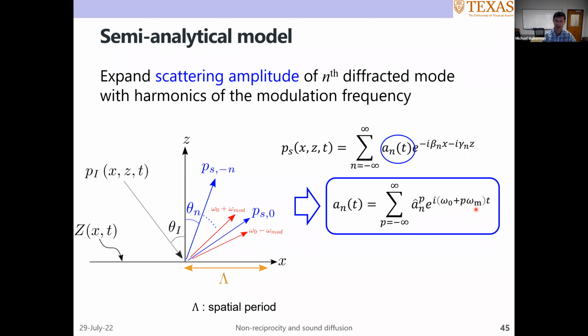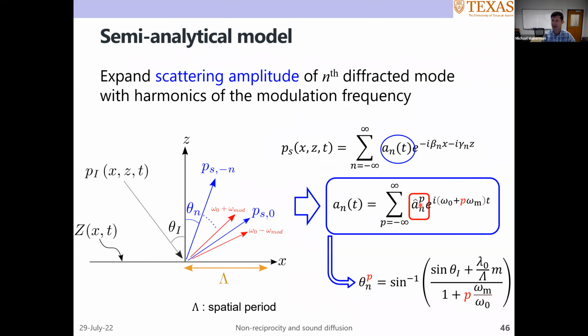Then we get our modal amplitude for the nth diffraction order and the P modulation harmonic, and that dictates the direction at which energy is backscattered for every one of those combinations.